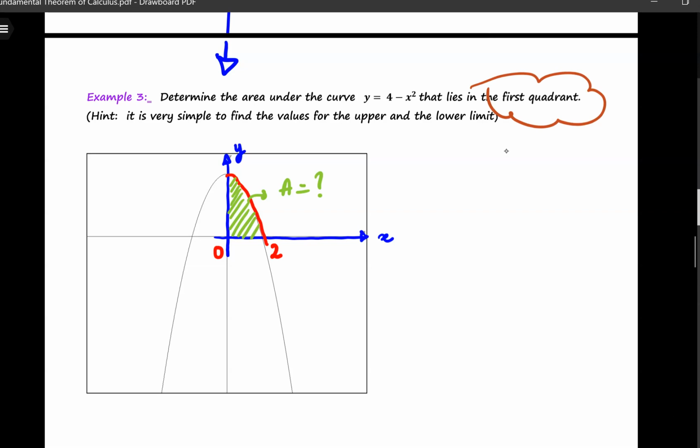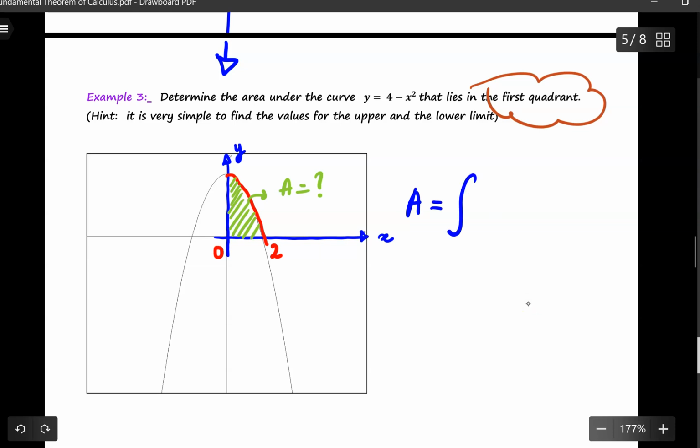So it is very simple to find the values of the upper and lower limits. We have done that already. So we are going to write area A will be equal to the integral. What is your lower limit? 0. Your upper limit is 2. What is the function that you are working with? 4 minus x squared. Don't forget to write the dx in this case.